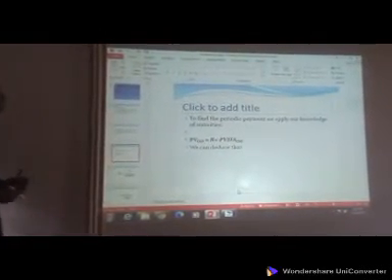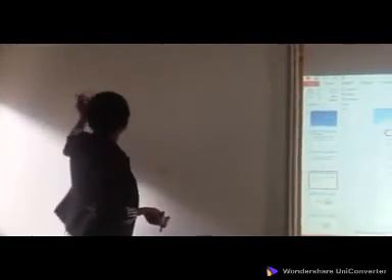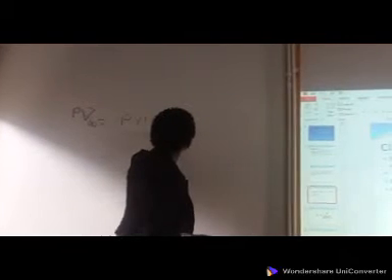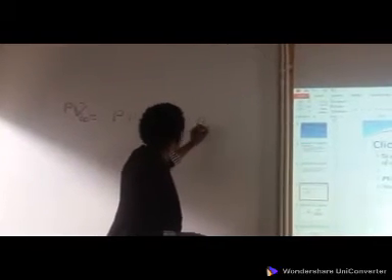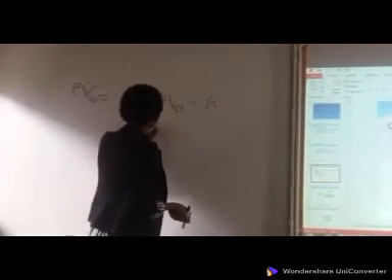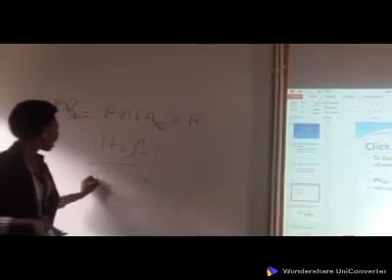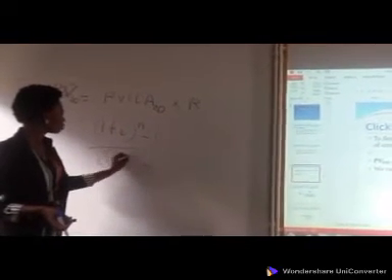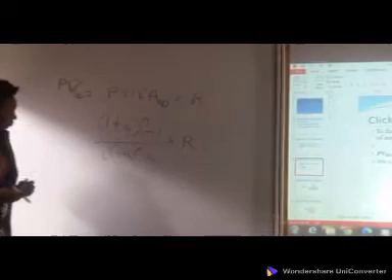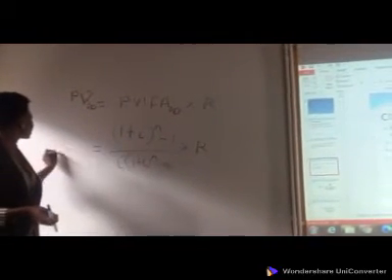The present value of an ordinary annuity is equal to R times the present value interest factor annuity, which becomes (1 + i)^n - 1 all over i(1 + i)^n, times R, and this is equal to the present value.